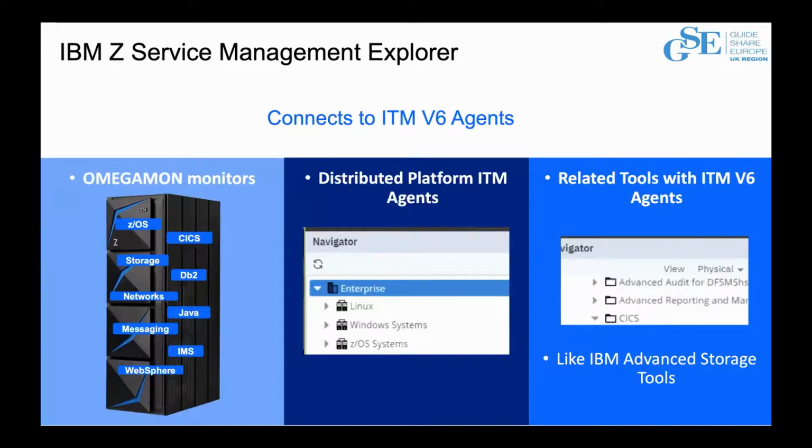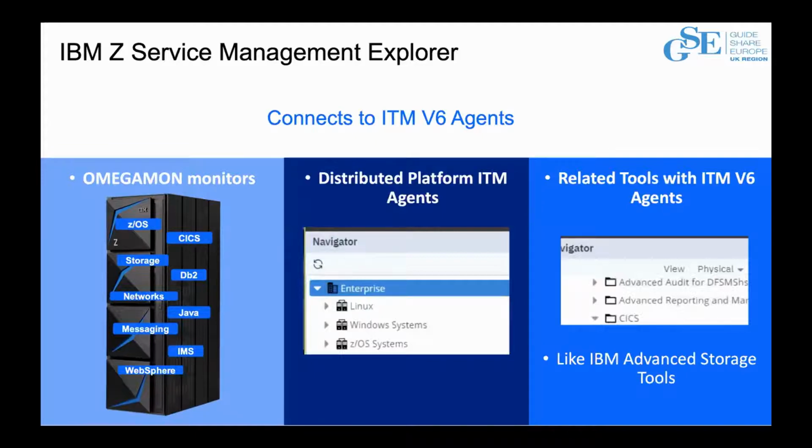You still get the OMEGAMON monitors, and you'll see the dashboards that come with OMEGAMON in IZSME, but if you have distributed agents connected to your hub TEMS, you will also see that visualization in a navigator. So distributed is also covered.